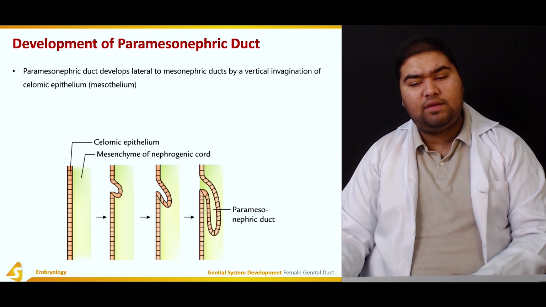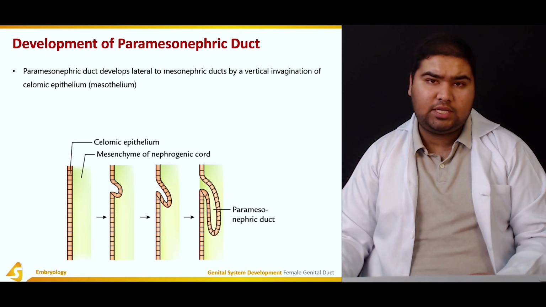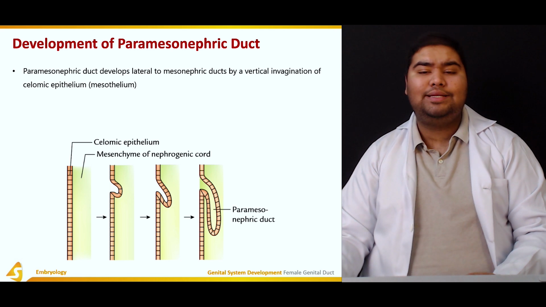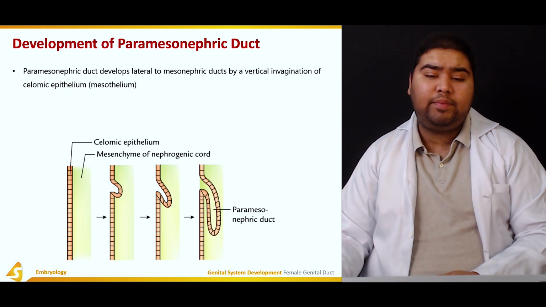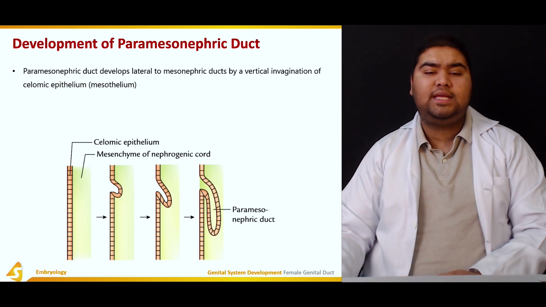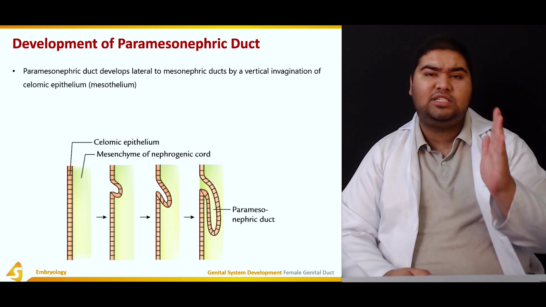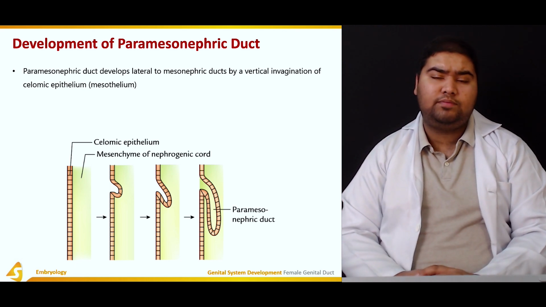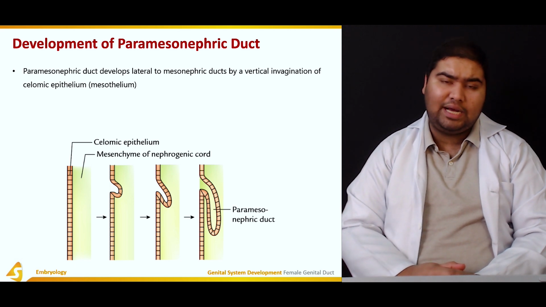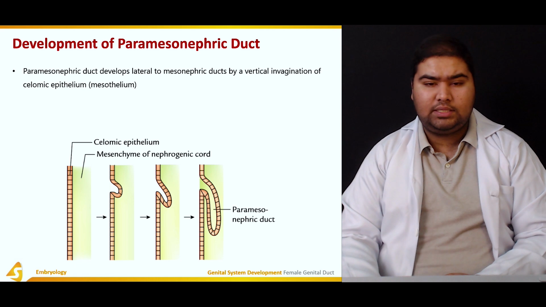The paramesonephric ducts are formed lateral to the mesonephric ducts by a vertical invagination. Here you can see this is a vertical invagination of the coelomic epithelium. So the coelomic epithelium invaginates inward and forms the paramesonephric ducts, which lie lateral to the mesonephric ducts.